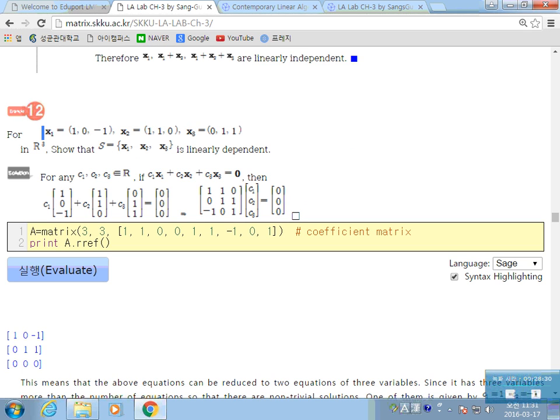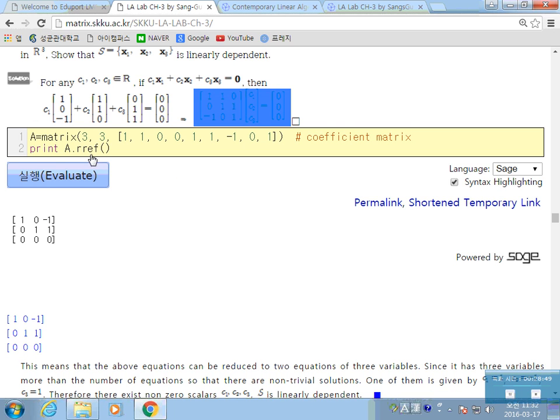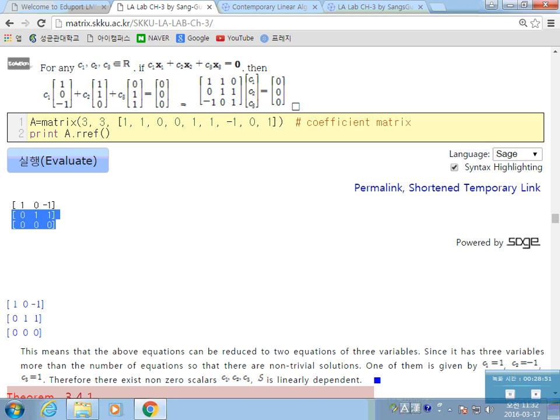For these three vectors, you show they are linearly dependent. How? Form a linear combination, set it to 0, then form a linear system of equations like this, then we check the solution by finding the RREF of this. As you see here, this has infinitely many solutions, which means the c_i's may not be 0.